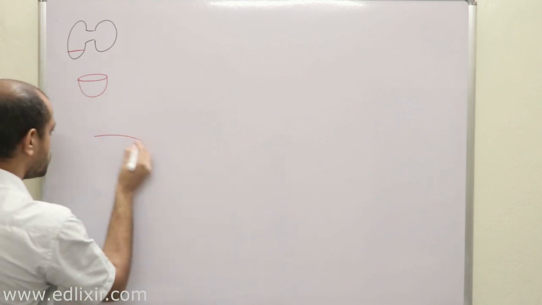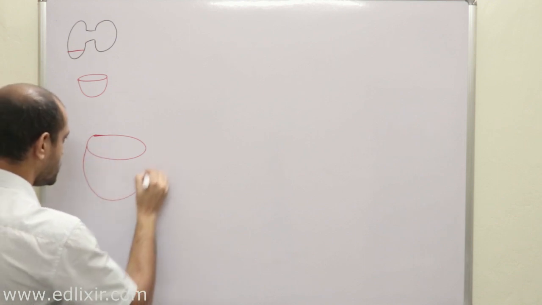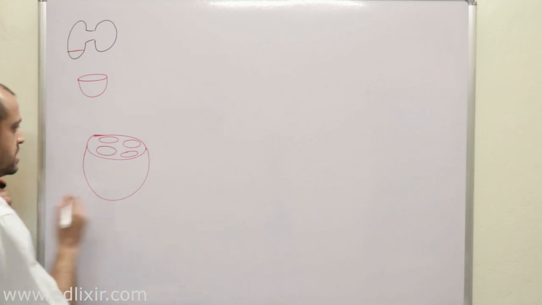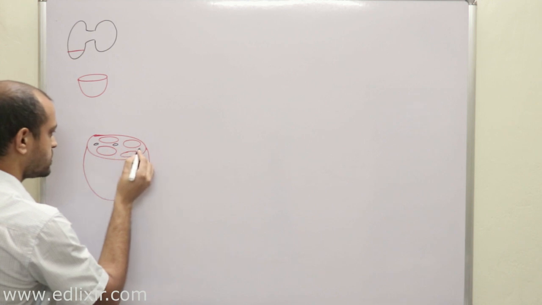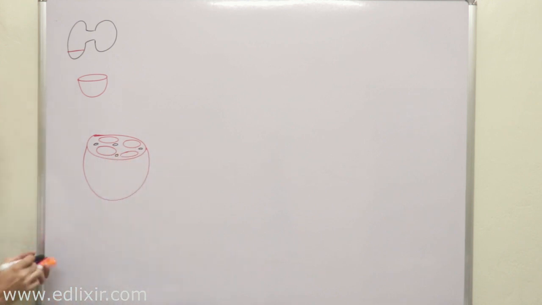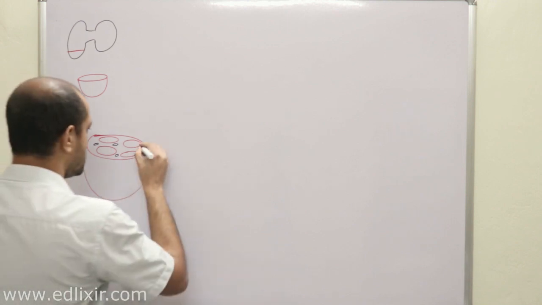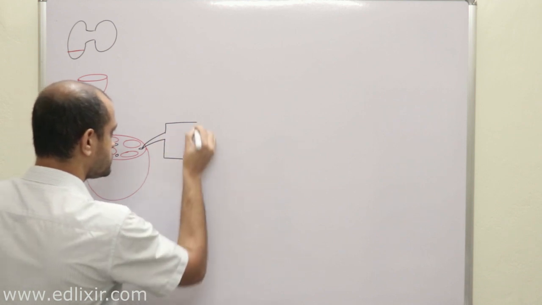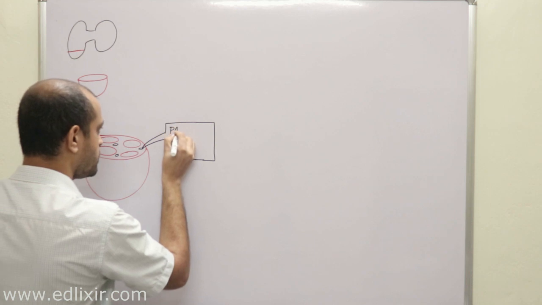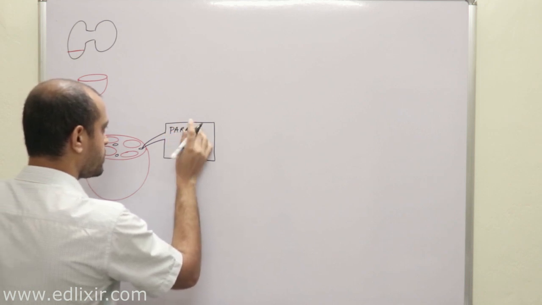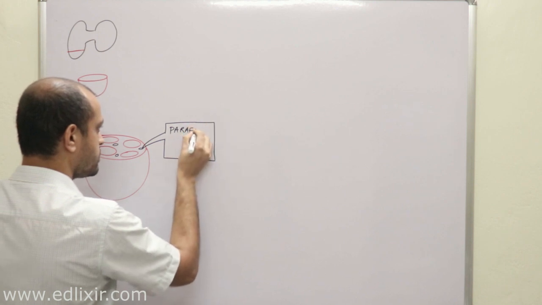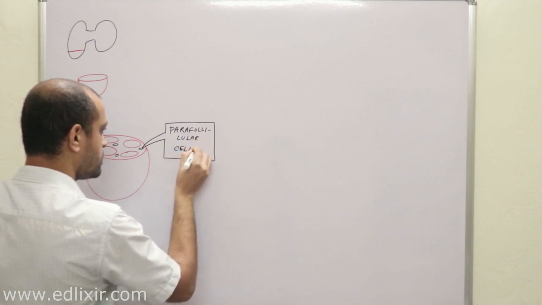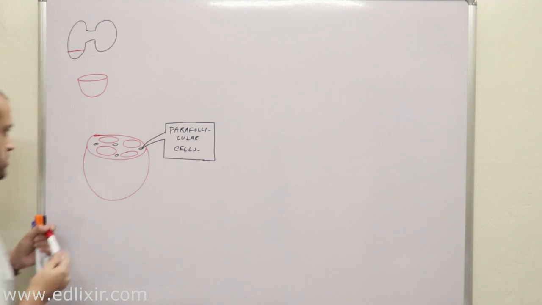These portions are made up of these things, and in between these things there are some cells called parafollicular cells.